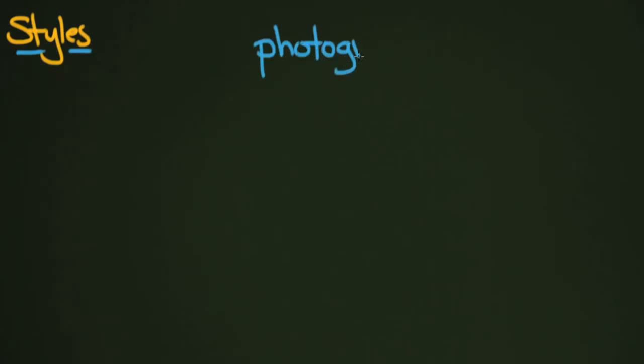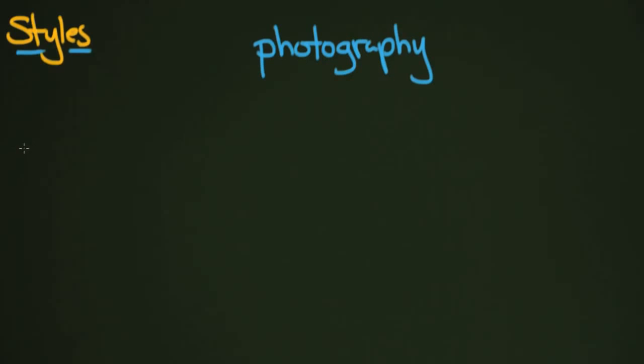So let's start out again. We're going to take a look here at styles. So styles of photography, and these have a lot to do with approach. These are not necessarily maybe the look of the photo, but the actual way that the photograph is being made. And this is a really important distinction for you young photographers out there to understand the difference between different types of photographers.